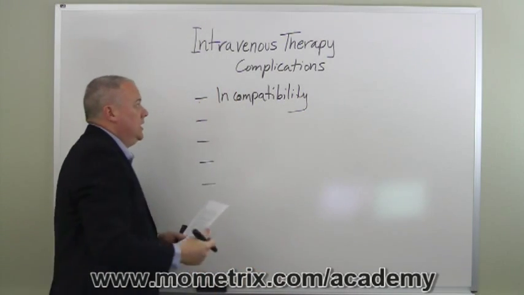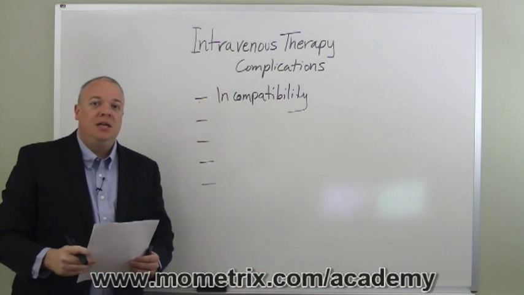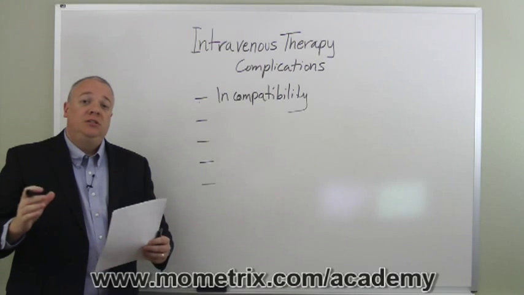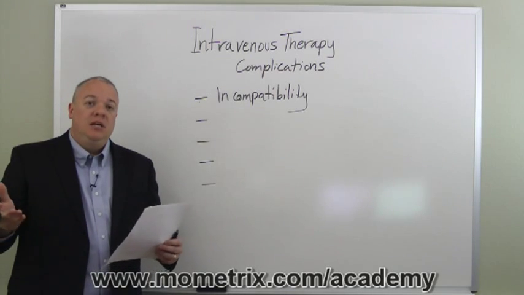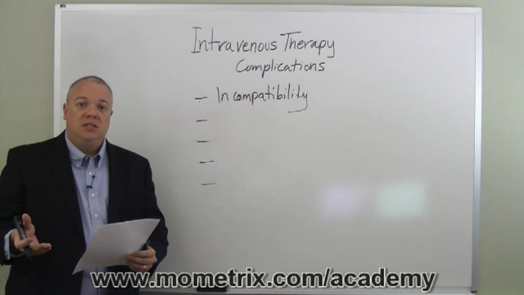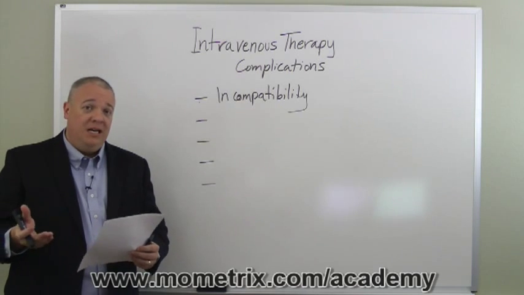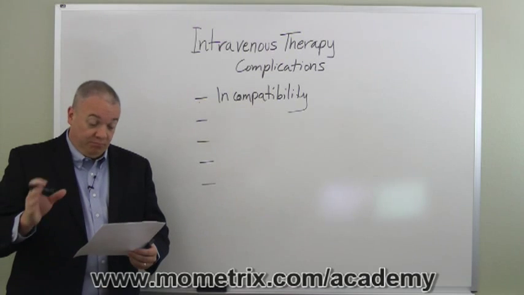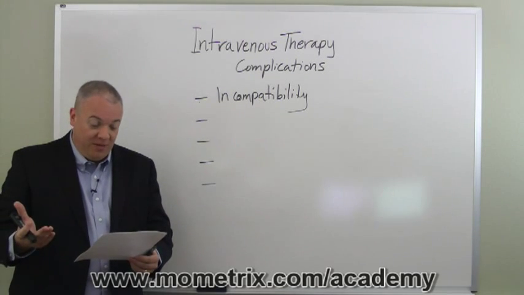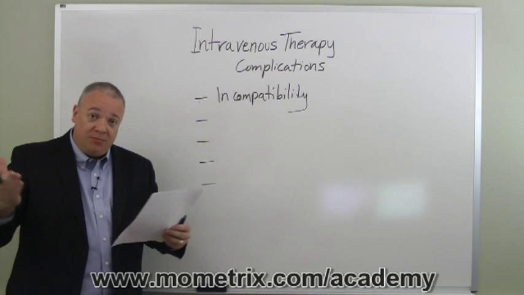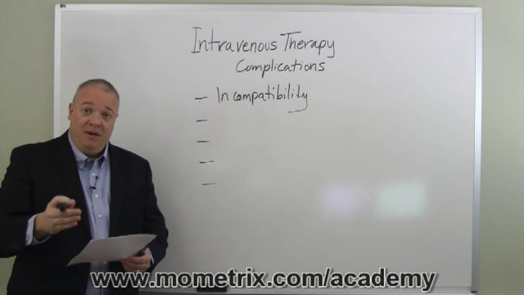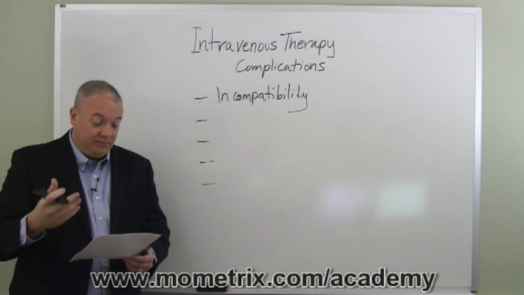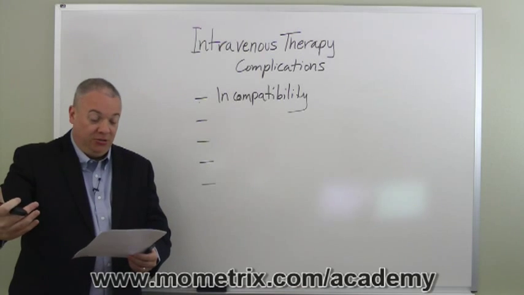And incompatibility, what we're talking about here is that some of the solutions or medications that are being introduced intravenously are not compatible with one another. And as they interact, you get bad problems that arise from that. Basically, the two substances meet and it may make the medicine inactive. It may precipitate out of the solution.